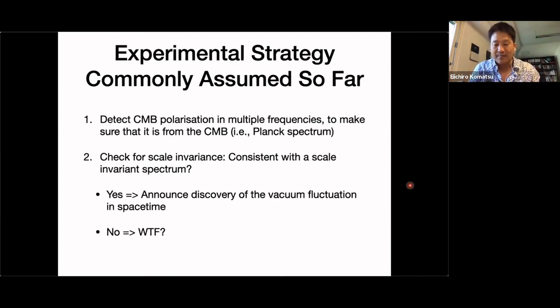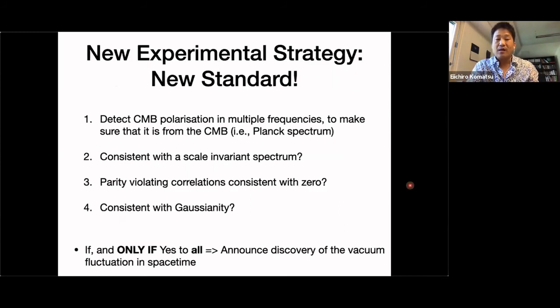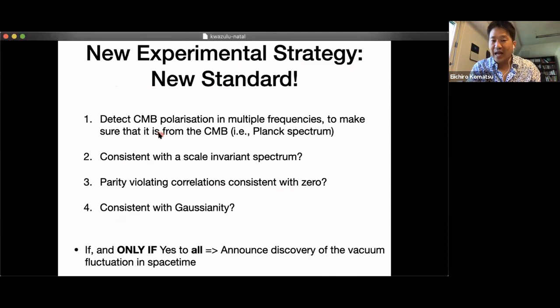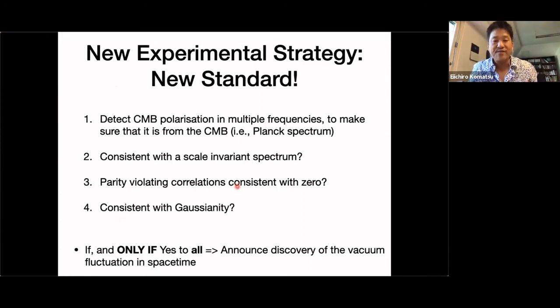Now I claim that this strategy needs to be changed. So the first two are the same. You make sure it's a Planckian spectrum. The second is that it's a scale-invariant spectrum. The third, if it's coming from the matter fields, they can violate parity. They don't have to, but they can.